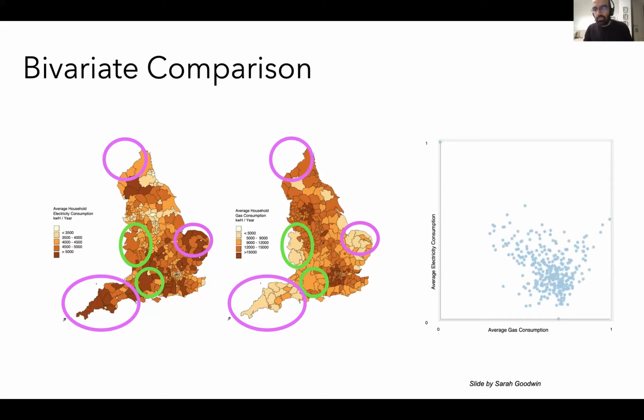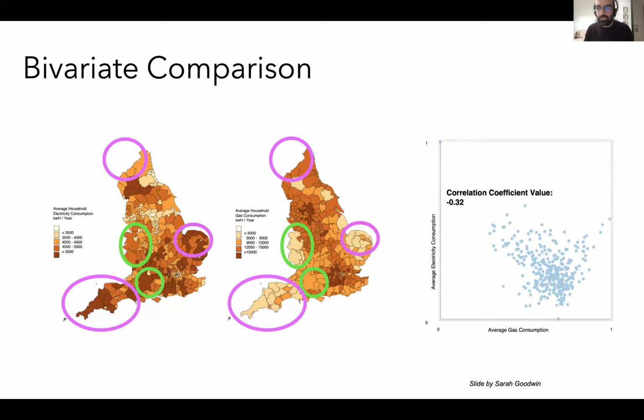If you look at the data in a scatter plot like this, if you discard the geography and just look at the relationship between electricity consumption and gas consumption, you get a single correlation coefficient value, right?